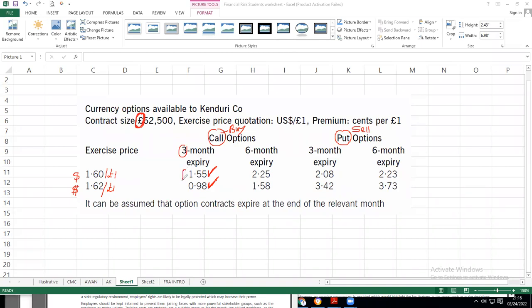Is it logical? Is it fair? If you want to buy your pounds at 1.6, you pay more. If you are willing to pay at 1.62, you pay less. Is the pricing of these options fair? Is it logical? That's my question to you.